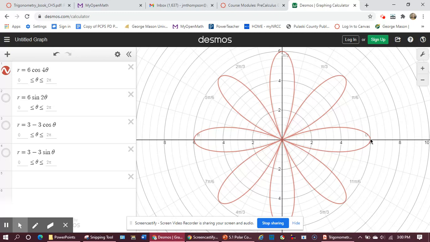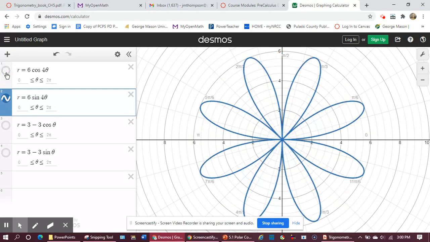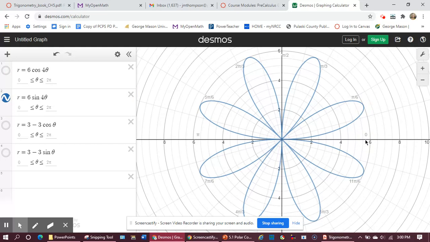So I have an 8-petal cosine rose because 4 times 2 is 8. All right, and I can put a 4 in here, and I could make an 8-petal sine rose as well. But I know this is a sine rose because my first petal is over here and it's not over here where the cosine rose would start.